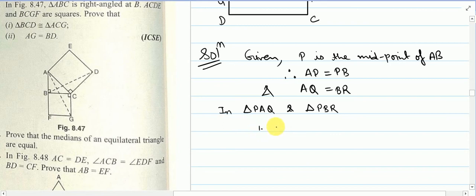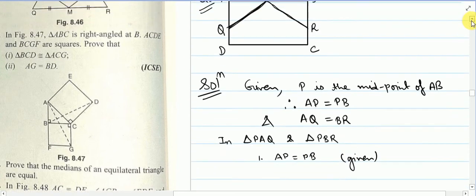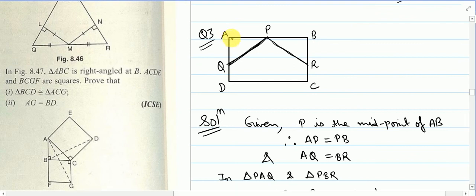number one what we have is AP is equal to PB, given to us. I mean to say that this is equal to this. And next, since ABCD is a rectangle, this will be 90 and this will be 90.